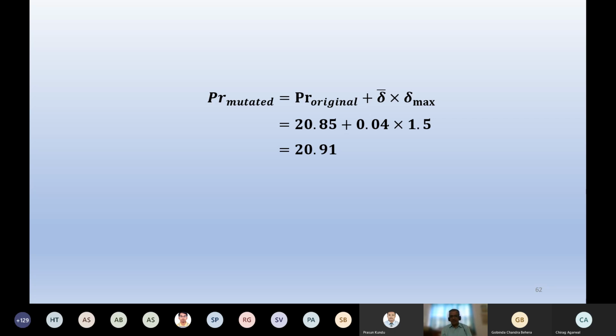Now, before I conclude and before I give you the opportunity to interact with me, let me tell you one fact. This real coded GA was implemented to solve a variety of problems.